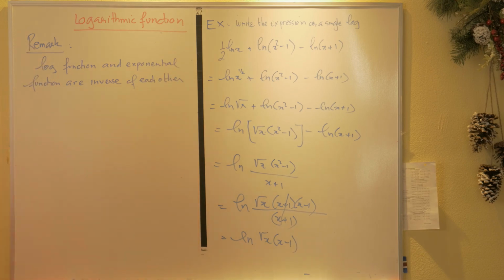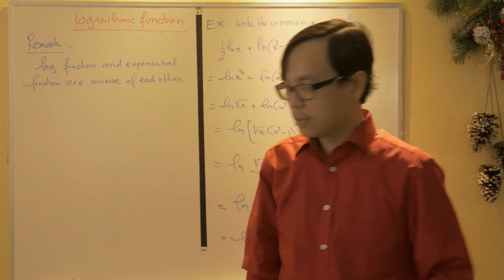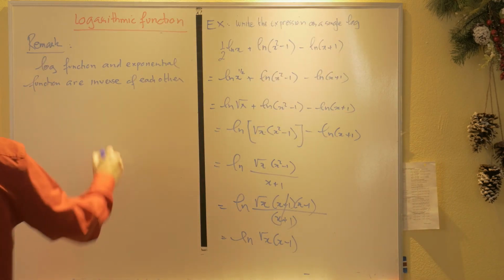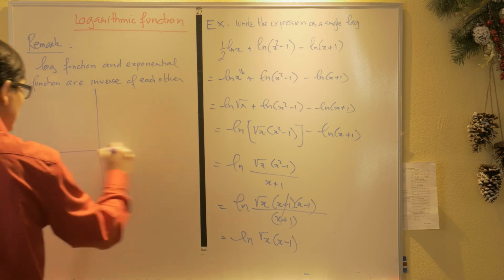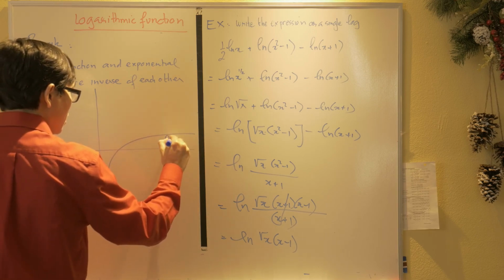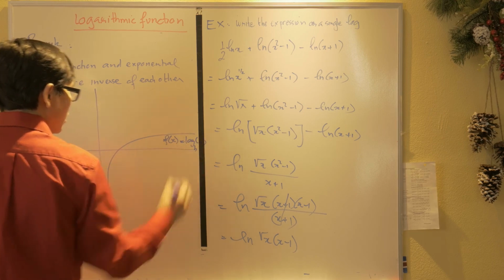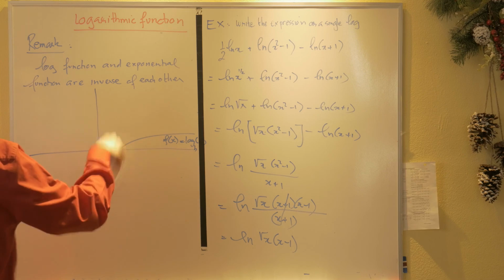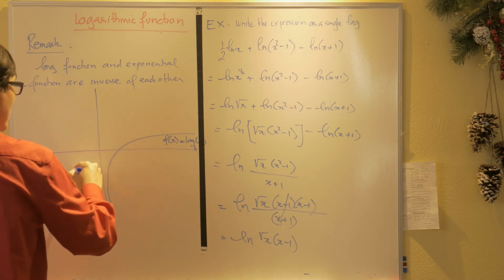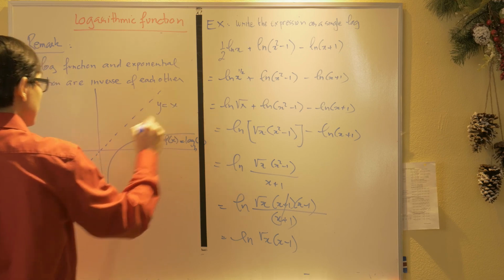It means that if you graph two curves, one curve is log and the other curve is exponential, they are always symmetric about the line y equals x.